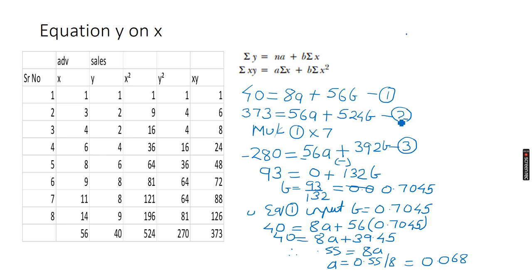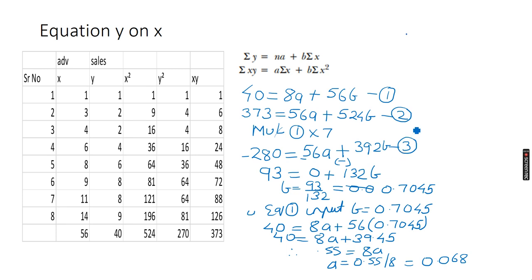Now simultaneously solve equation 1 and 2. The shortcut would be to make at least one of the unknowns equal. So in equation 1, I have multiplied throughout by 7 to make this 8a as 56a. So if you see here, I have 280 equal to 56a plus 392b.